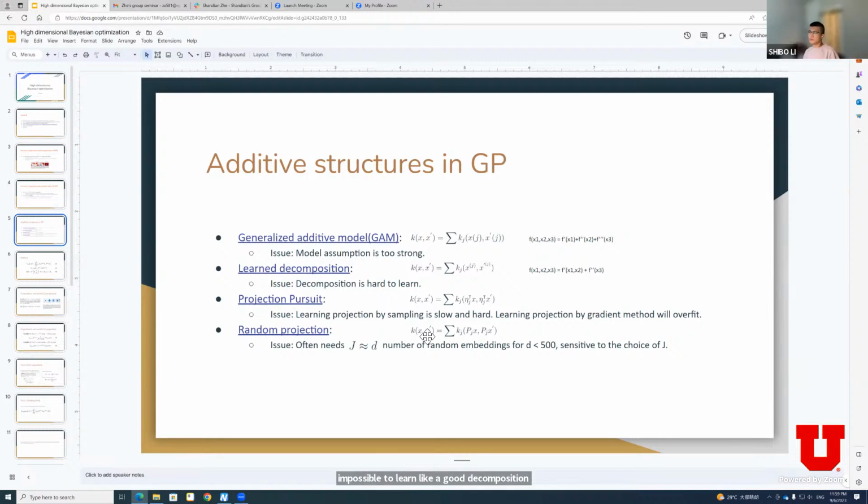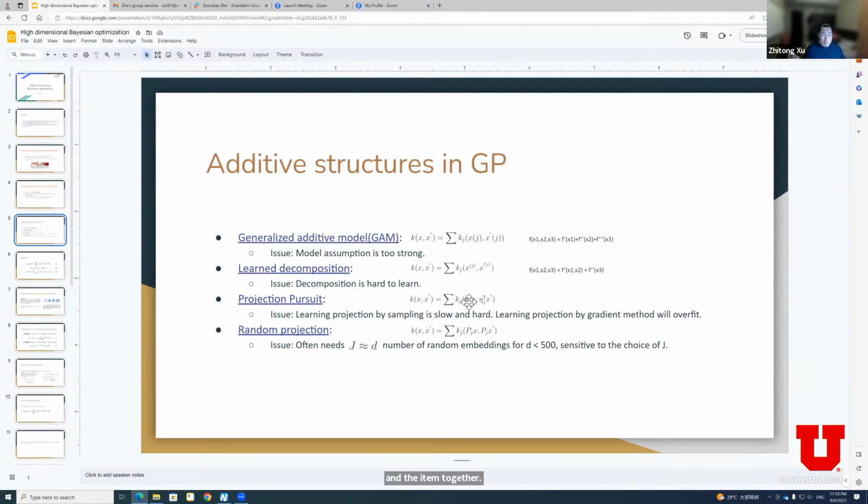I see. Okay. So the third approach: because we know GAM is too strong an assumption and learning decomposition is hard, why not just do projections and learn the projection matrix? Projection pursuit learns the projections eta j, with the number of kernels equal to the number of projections, and we add them together.